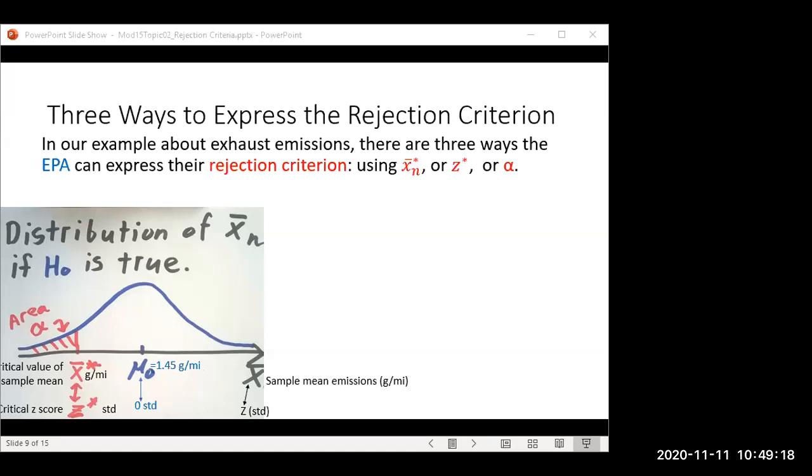So there are three ways to express the rejection criterion in a picture. Like I said, there's X bar star, or Z star, or alpha. So in the picture, if they give you an X bar star, a critical value of the sample mean, over here, you're saying, all right, if your sample mean falls to the left of that, we'll reject.